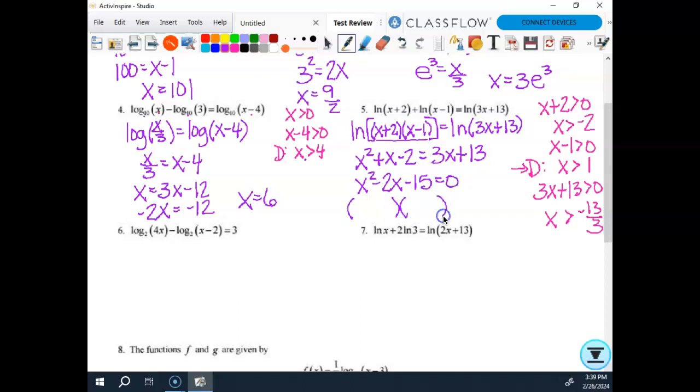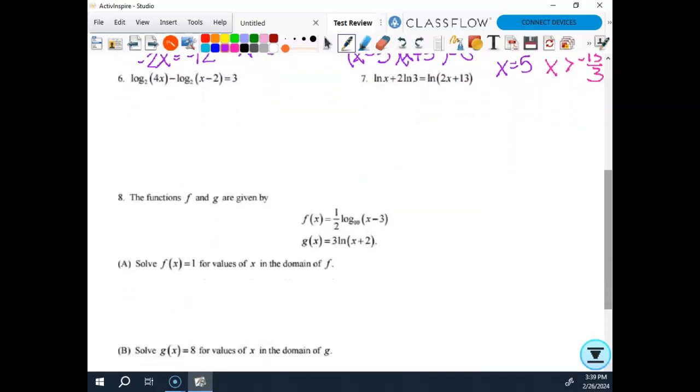Factor: x and x. That will give me a negative 5 and a positive 3. So I get that x is equal to negative 3 and 5. But x has to be greater than 1, so that one does not count, and it's just x equals 5.